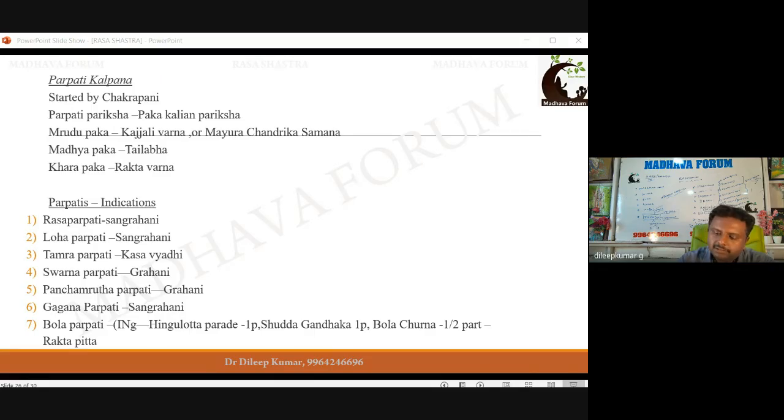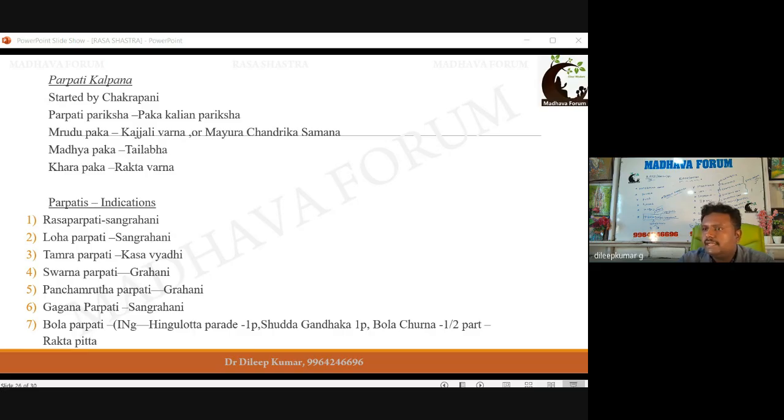Parpati Kalpana's main area of action is Grahani Gada, or the Pachana Samsthana. All of the intestine from mouth to anus is the GI tract, and the main action of Parpati will be on the GI tract. We have a lot of diseases pertaining to the GI tract, starting from abdominal ulcers to ulcerative colitis.